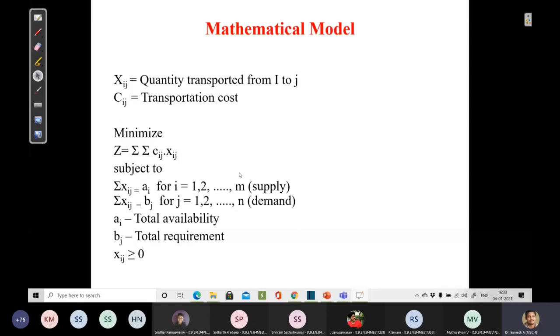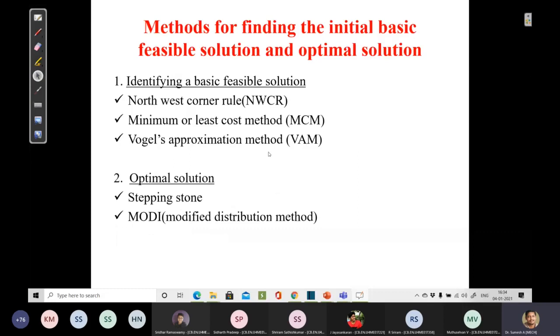Now to solve this, linear programming is a little bit of a problem for us. So we'll go for some other methods. The easiest methods are available to solve the transportation model. It is a two-step process.